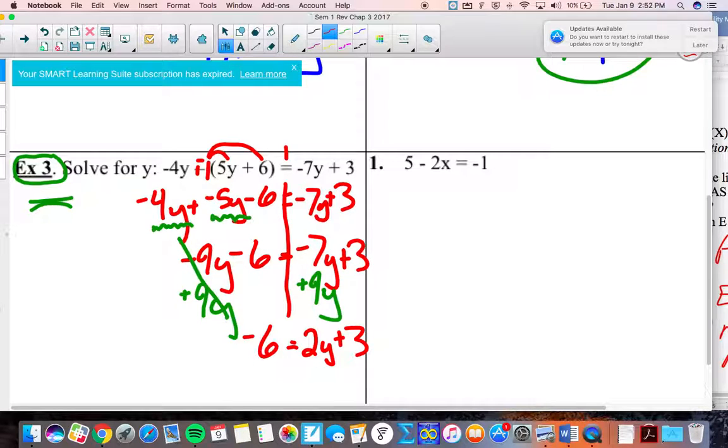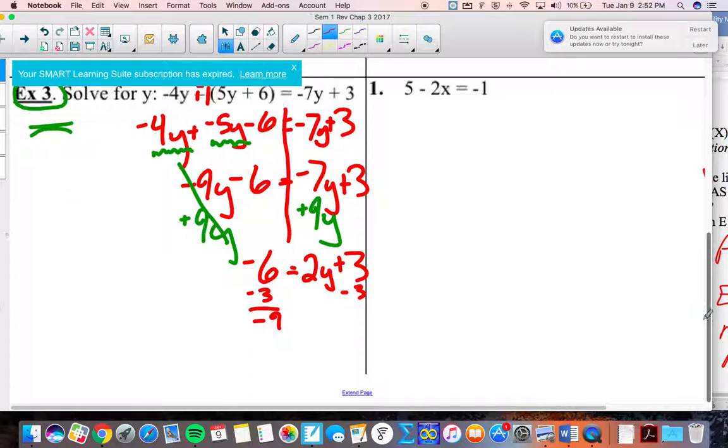So now I've gotten y to the right side of the equal sign. Now I just have to undo what's being done to the y. So I have to undo adding 3 by subtracting 3. And I have to undo multiplying it by 2 by dividing it by 2.